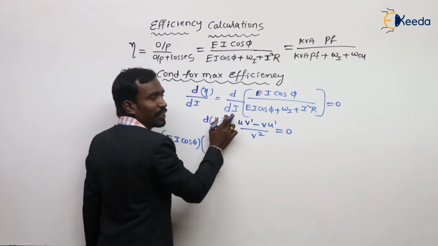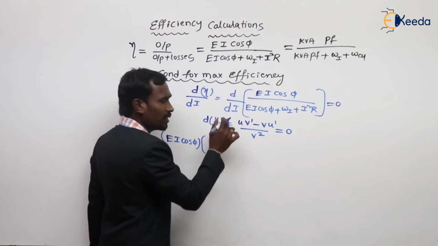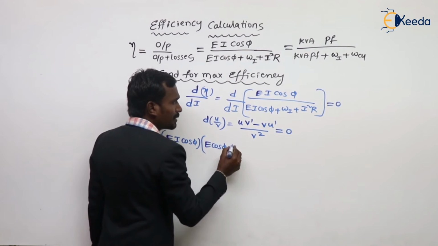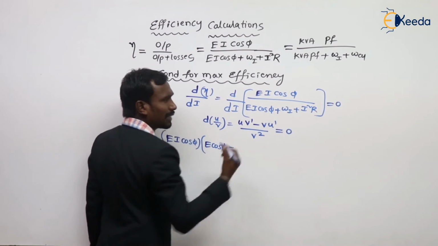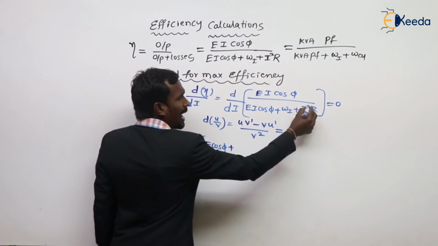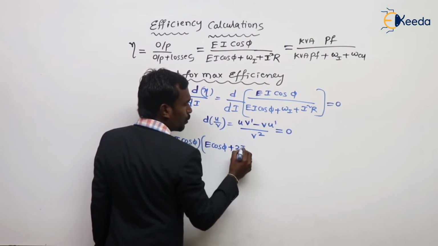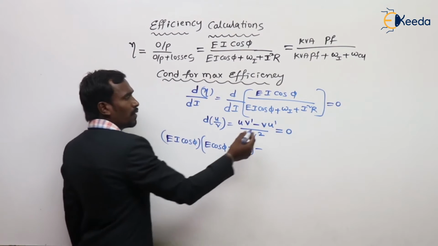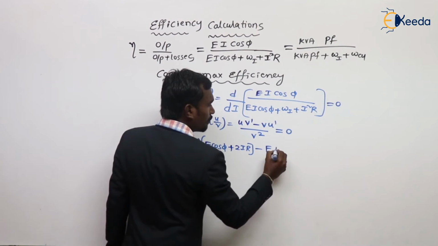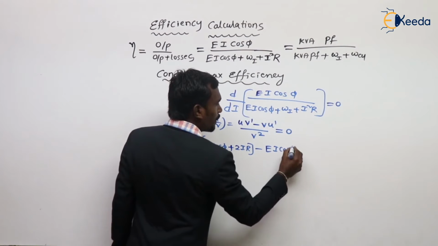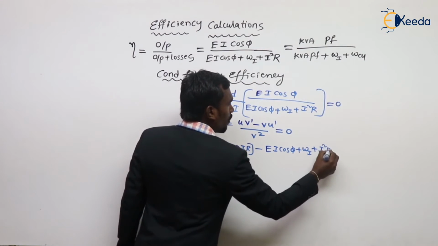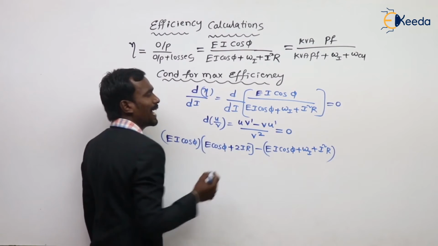What is V dash? EI cos phi differentiated with respect to I is E cos phi, plus 0 because iron loss is a constant, plus I square R differentiated, which is 2IR. Minus V into U dash.